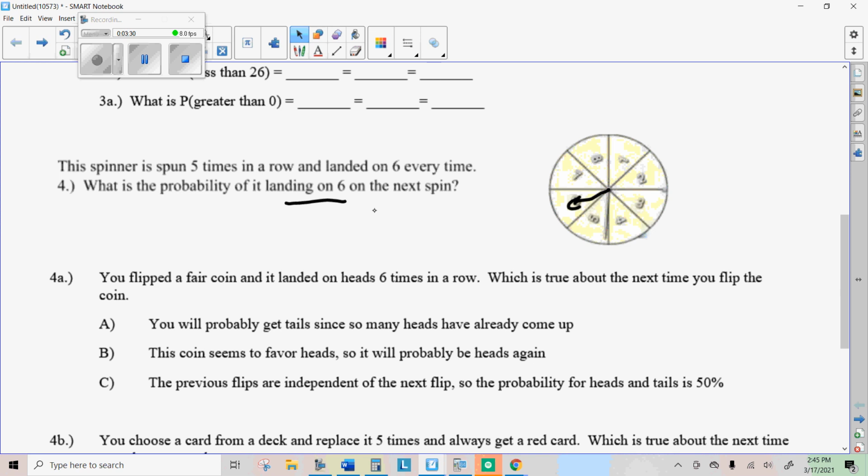So there is the same chance of landing on 6 every time you spin this spinner. And that would be 1 out of 8 spaces, since there's 1 space with a 6 in it. We say that the events are independent of each other, because what you did the time before will not affect your next outcome.